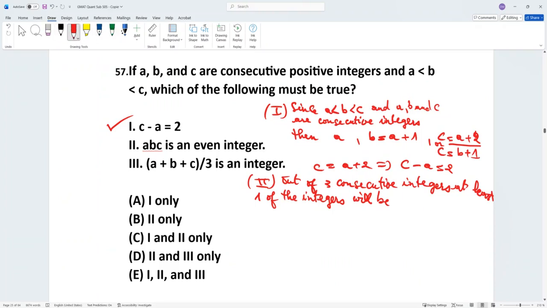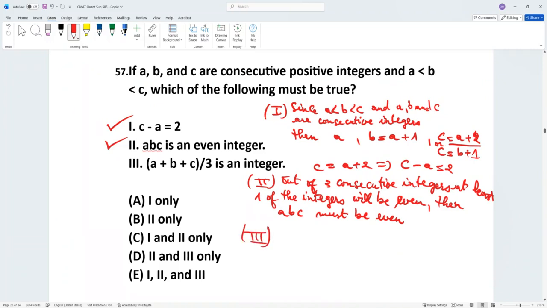So if one of the integers is even, then the product of A, B, and C must be even.